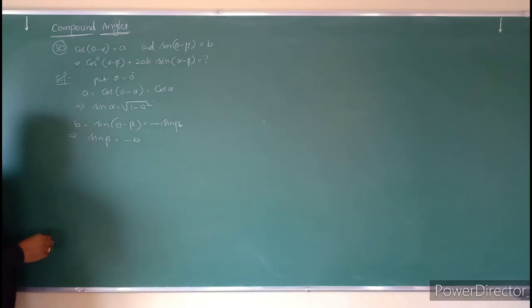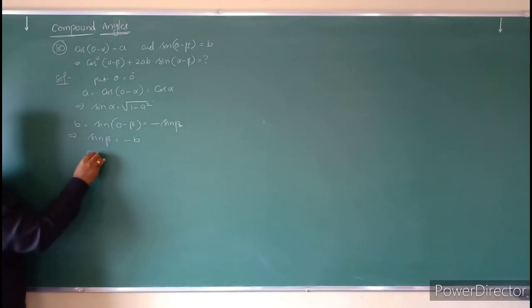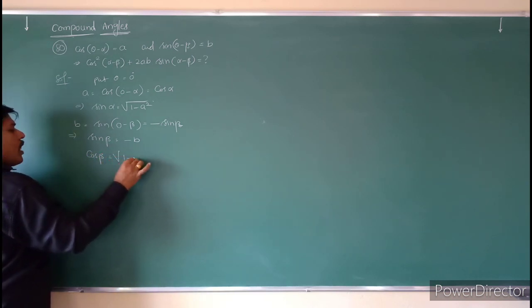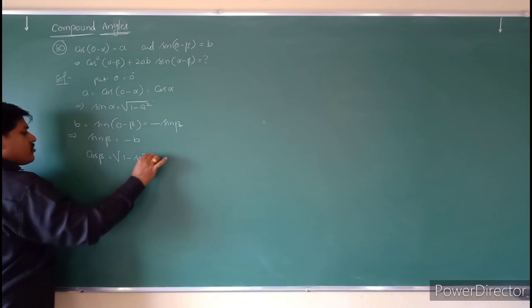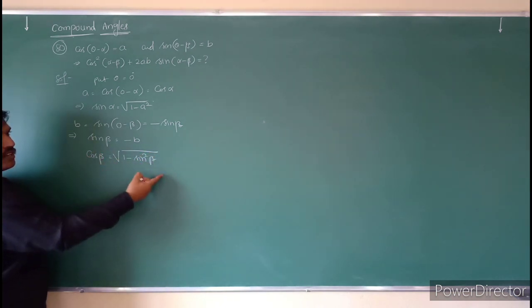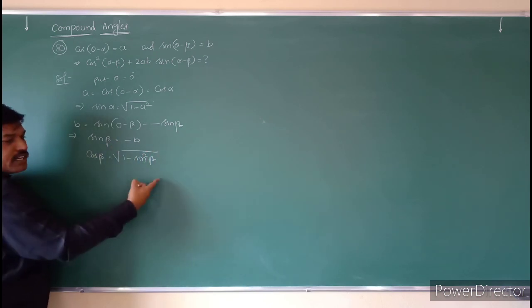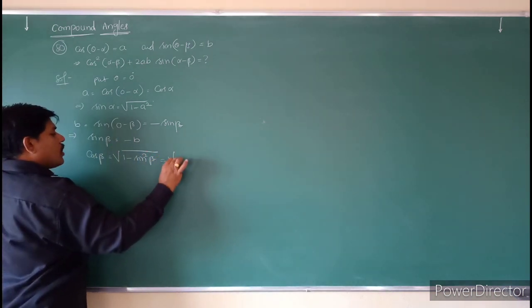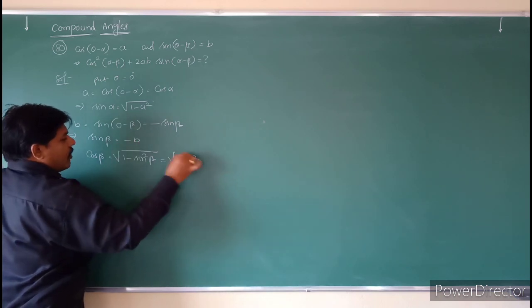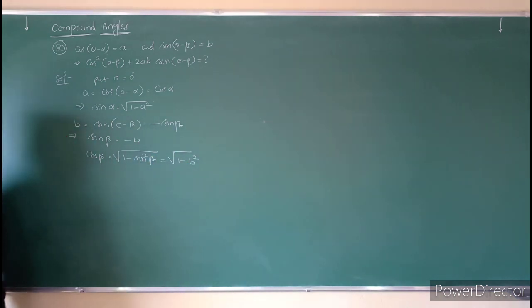From this, what is cos beta? Root of 1 minus sin square beta, since cos square theta is equal to 1 minus sin square theta. So cos beta is root of 1 minus sin square beta, and the sin beta value is minus b. Taking the square, it becomes root of 1 minus b square.